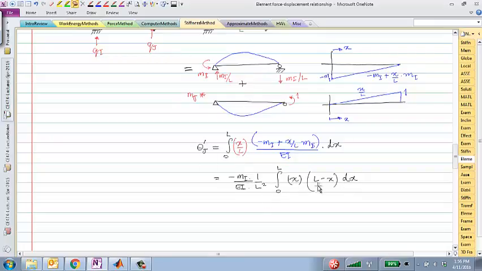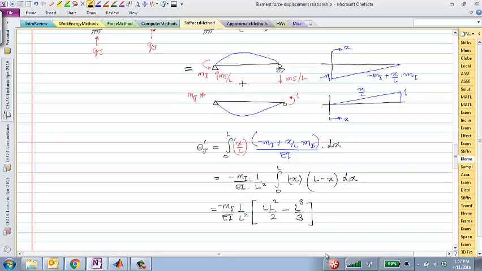What I'm left with is xL minus x square. So that should be equal to minus mi over EI times 1 over L square. xL would be L times L square over 2, and minus x square would be L cube over 3.